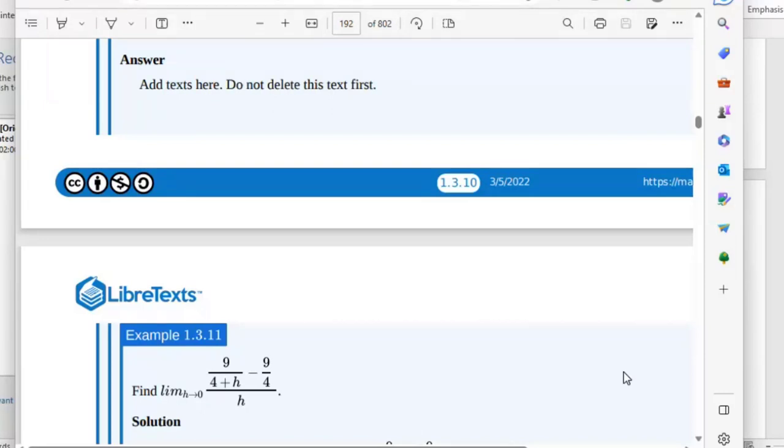Lebohang, please explain the first principle to me. Because we are in a limit, I was thinking about the differentiation. Okay. Where should I start?